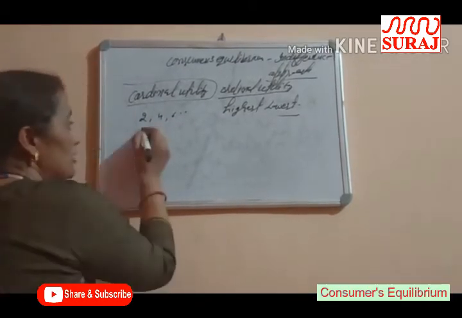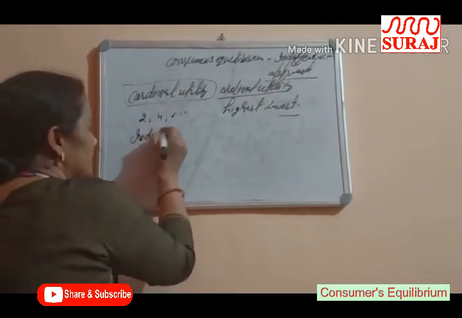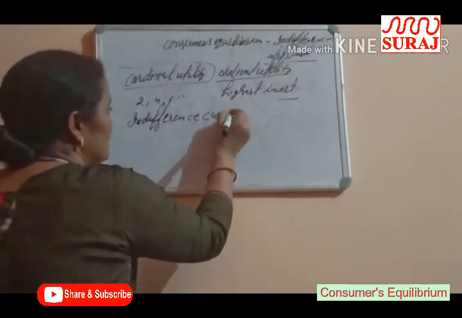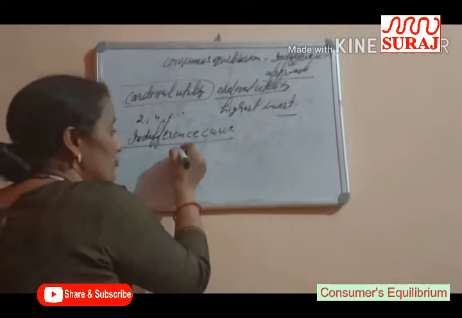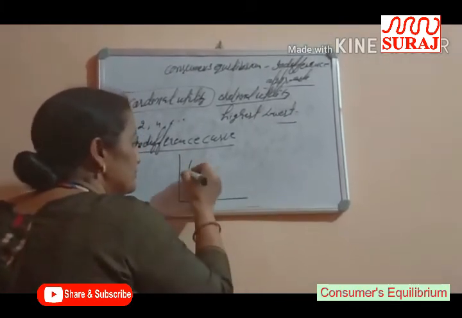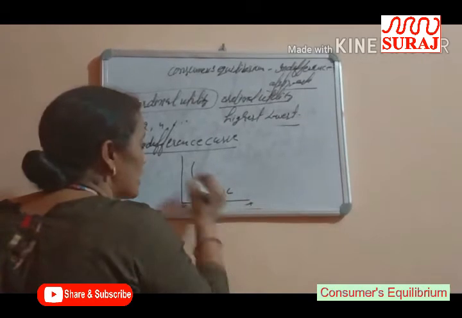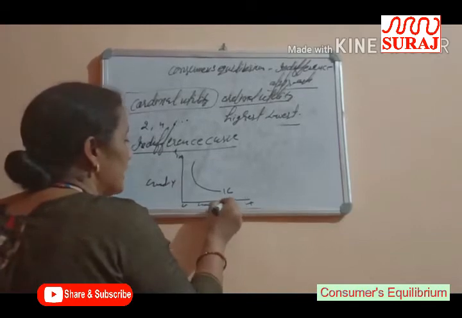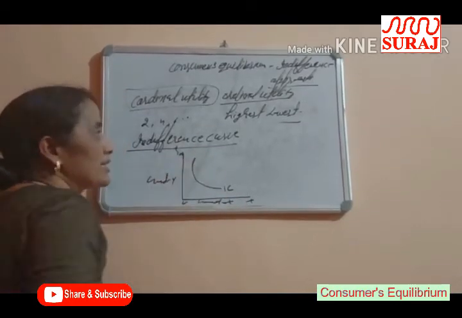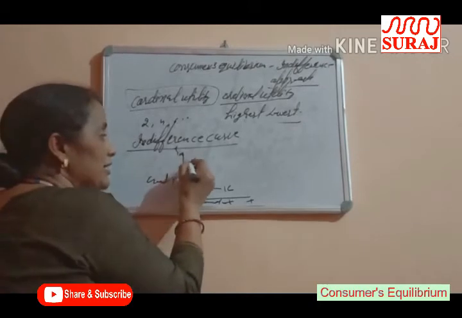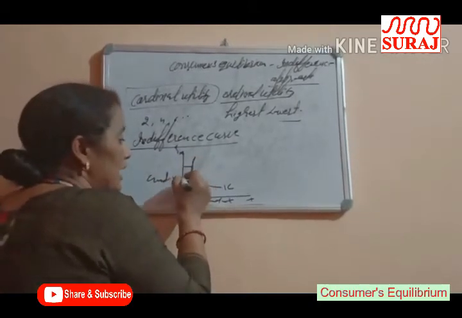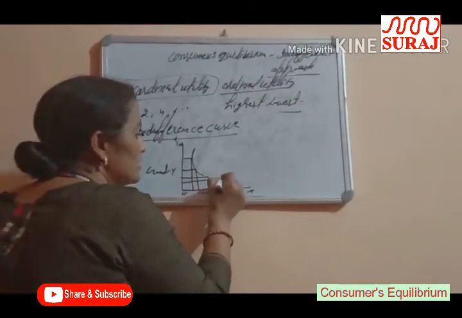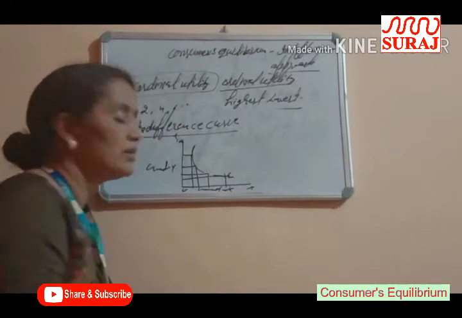First of all, what do you mean by the indifference curve? The indifference curve, IC, is convex to the origin, with good Y and good X on the axes. The indifference curve shows the different combinations of two goods at which the consumer is indifferent, or which provide the same level of satisfaction to the consumer.